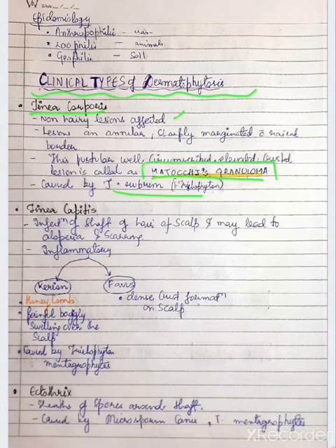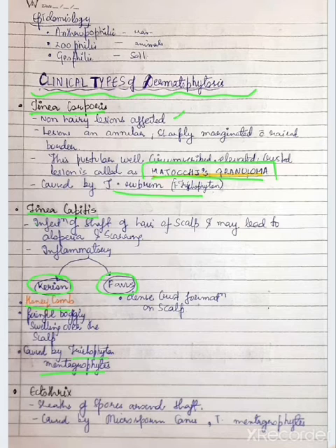Now the tinea capitis, infection of the shaft of hair of the scalp, which may lead to alopecia and scarring. Inflammatory types are kerion and favus, while kerion is a honeycomb, painful, boggy swelling over the scalp caused by Trichophyton mentagrophytes, and favus is dense crust formation on the scalp.